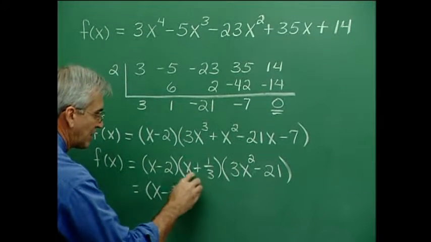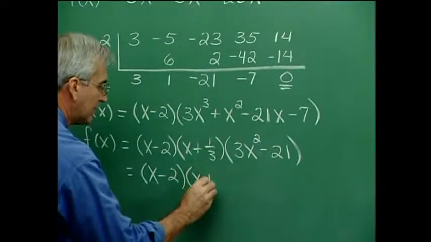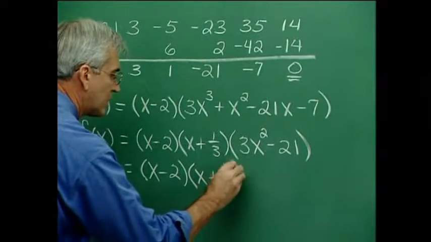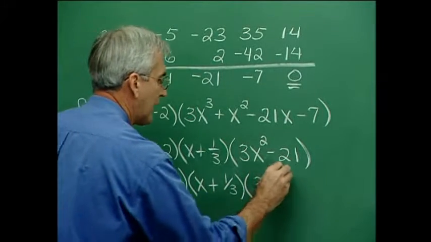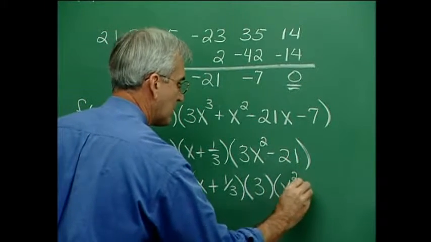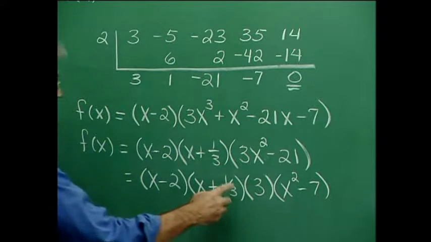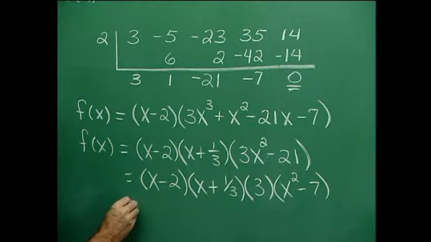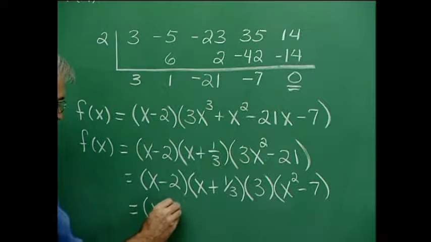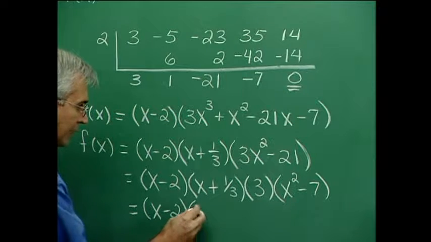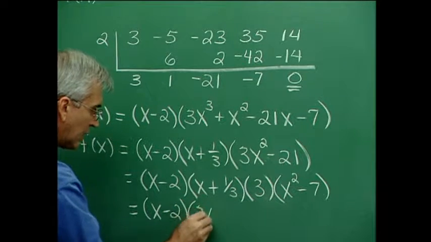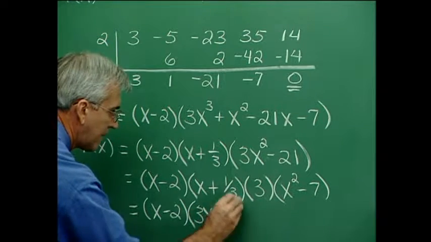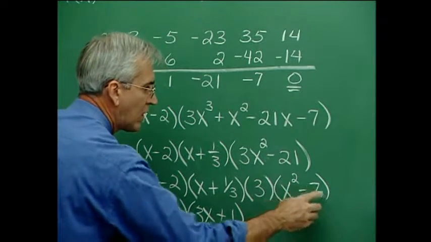And that's real nice because it'll go with this other factor to give me some stuff that's not fractional. So the 3 comes out, and we have 3 times x squared minus 7. And now I'll multiply the 3 in this other factor just to clean that up a little bit. Three times x, 3x. 3 times the 1/3 is 1. And then the x squared minus 7.